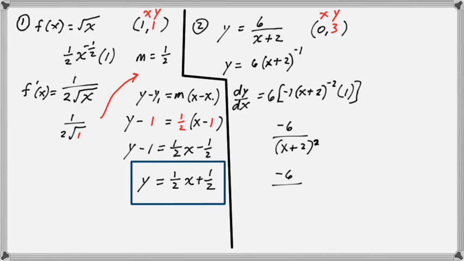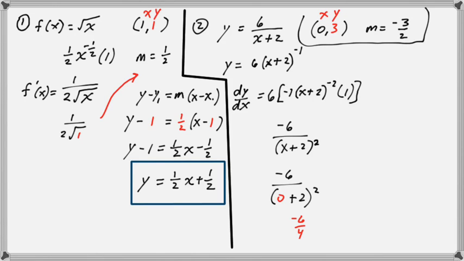And if I put in a 0, what do I get for my slope? Negative 6 over 4, which simplifies to make the slope negative 3 over 2. So now that I know the point and the slope, I should be able to write the equation of a line. Point slope: y minus the y value is equal to m times x minus the x value.